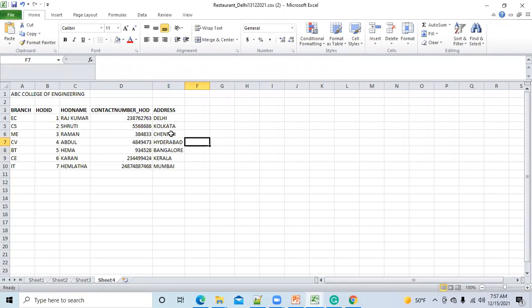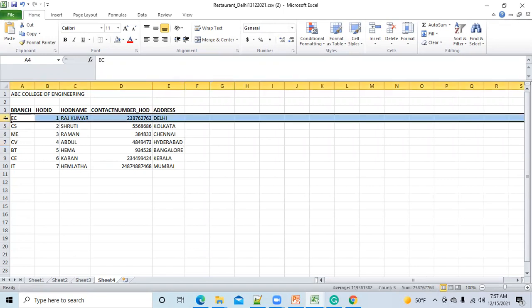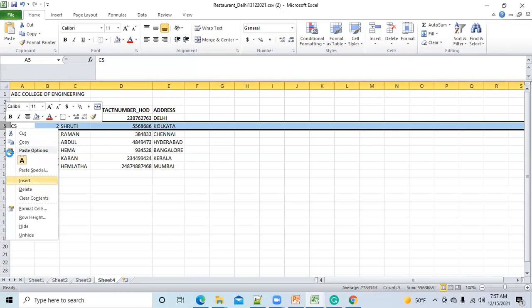Pin code. Address is sufficient. We can add pin code as well, but just keep it till here. What else do you want? Semester? You want semester as well? Okay, then I have to add semester here.